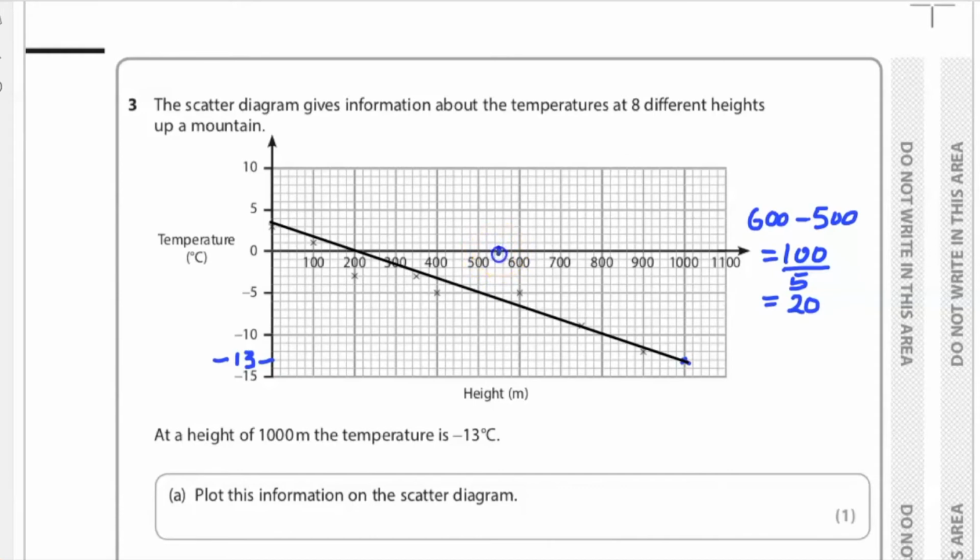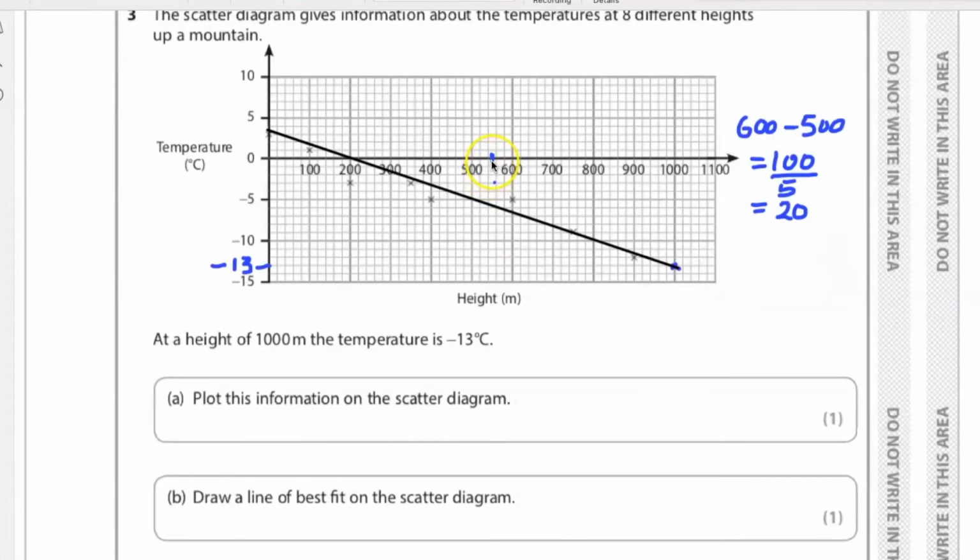Remember, this can be very tricky in between the lines. That's where my 550 is. And remember to always use your ruler. So I'm drawing a line from 550 down to touch the line here. Remember, use the ruler. That's it.